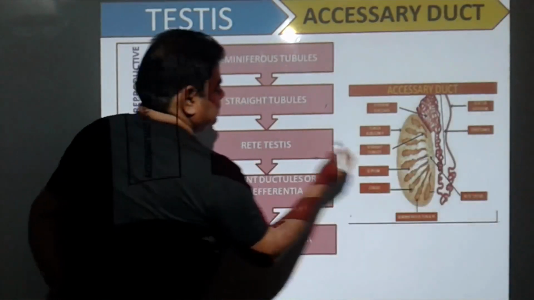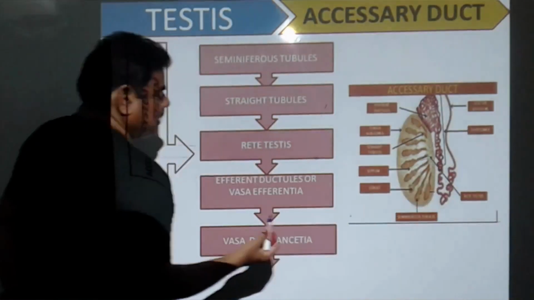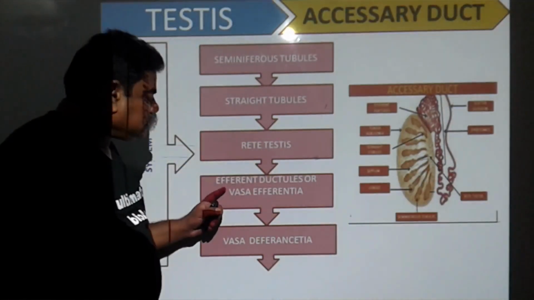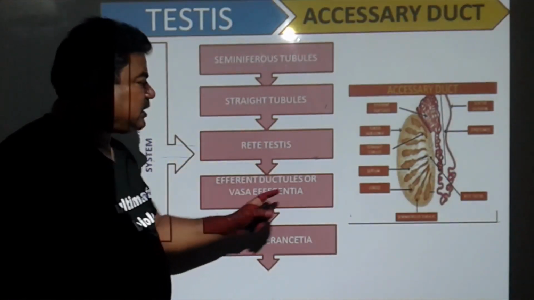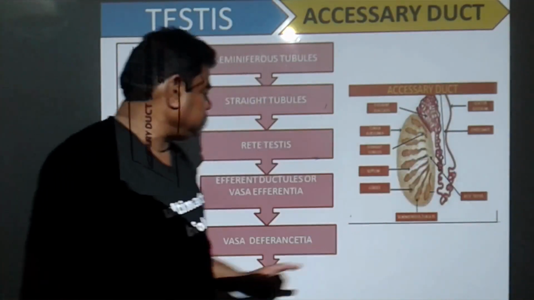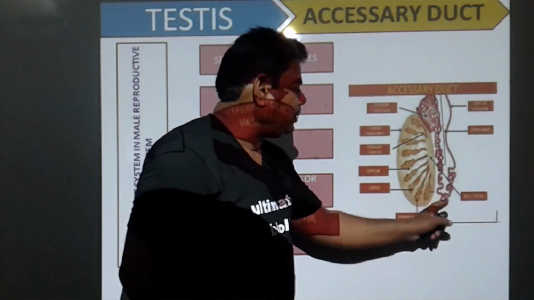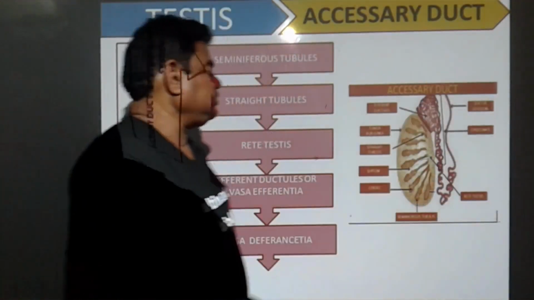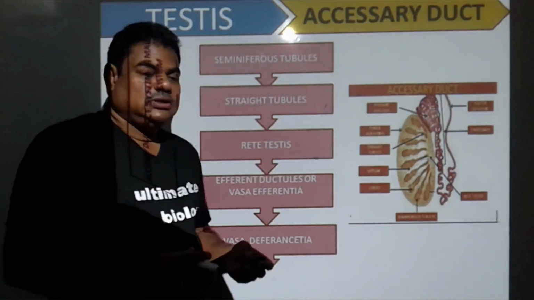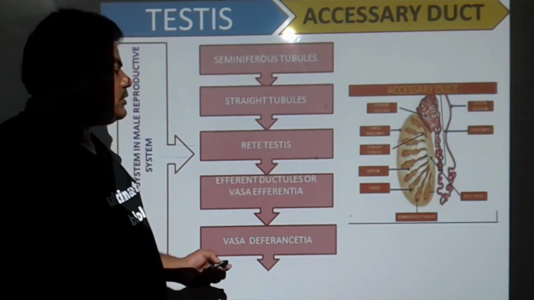The straight tubules lead into the rete testis. The rete testis leads into the efferent ductules, or vasa efferentia, and then lastly it forms the common duct, the vasa deferentia. This is all about the accessory ducts of the male reproductive system.